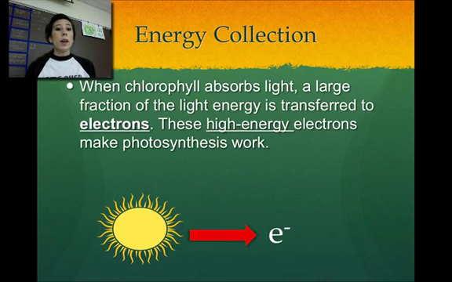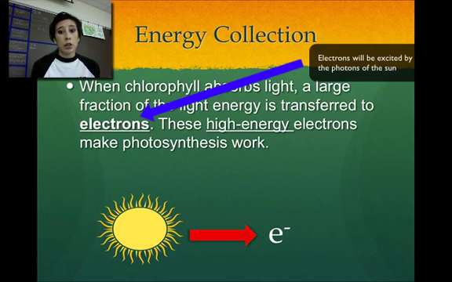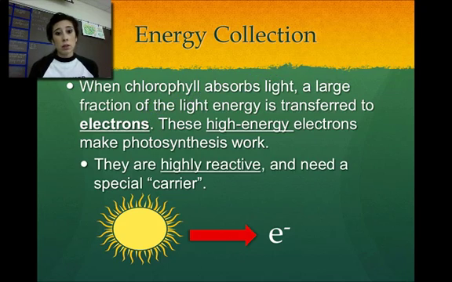So when our chlorophyll, our pigment, absorbs light in the thylakoid, a large fraction of that energy is going to be transferred into electrons. So basically, electrons are energy. It's a high form of energy, and it helps to make photosynthesis work.